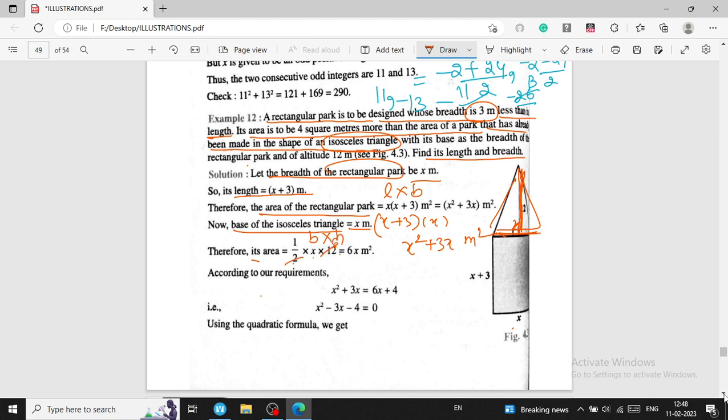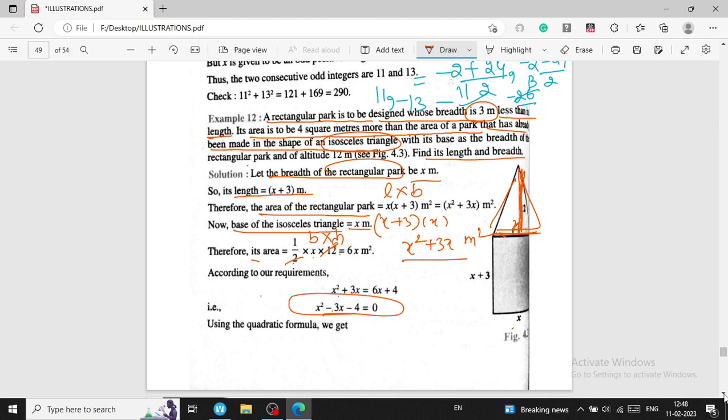According to our equation, x square plus 3x, that is the given area of the rectangular park, will be equal to the area of the isosceles triangle and 4 more. So plus 4: x square plus 3x minus 6x minus 4 is equal to 0, which gives x square minus 3x minus 4 equal to 0.